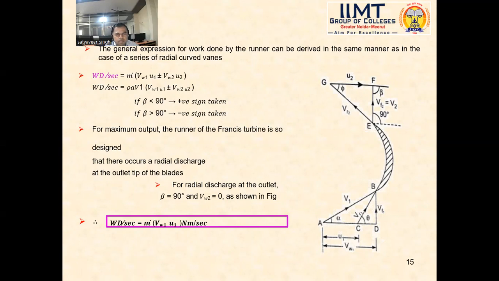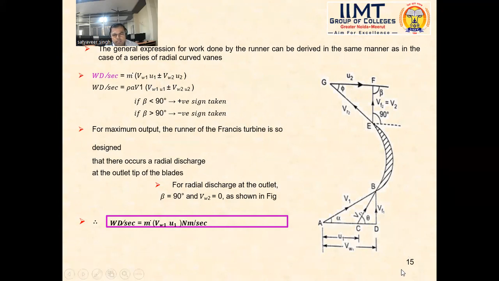If you want to calculate work done per second, then WD indicates the work done per second. The formula is m (VW1 U1 plus or minus VW2 U2). First you have to know VW1 and VW2, the whirl velocities at inlet and outlet, and U1 and U2, the tangential velocities at inlet and outlet.